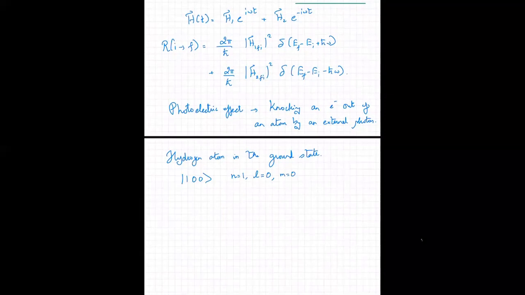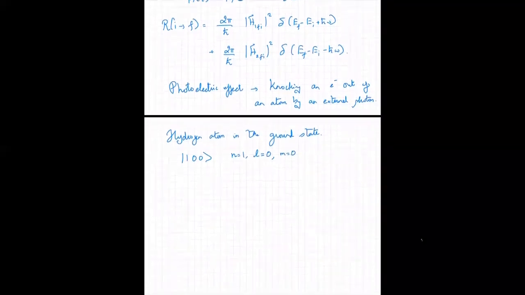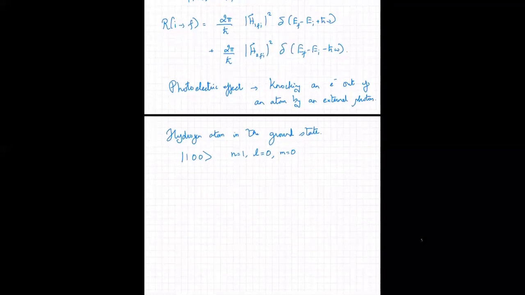In coordinate space, the wave function is the overlap <r, theta, phi | 1, 0, 0>, and this is psi of r, theta, phi. I'll put psi_0 because this is the ground state of the hydrogen atom.